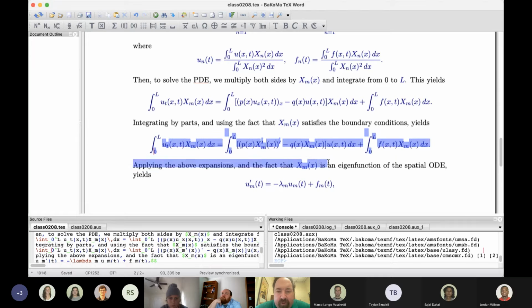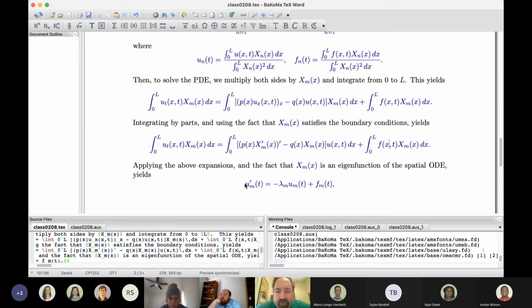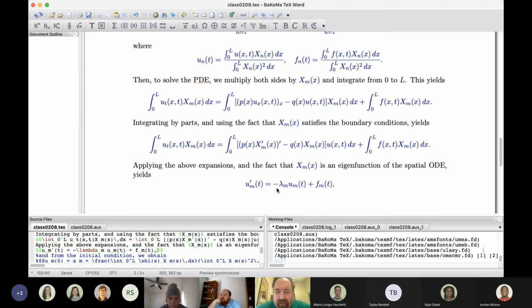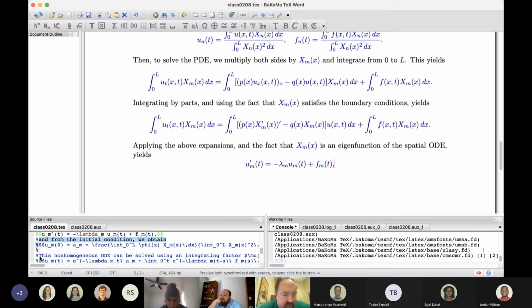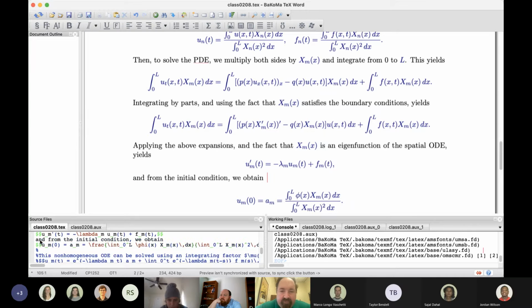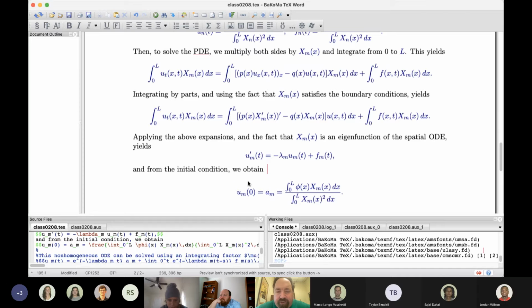So from this equation, I end up with this ODE for each m. And the ODE is non-homogeneous. So from the original non-homogeneous PDE, I get a non-homogeneous ODE in time. So now I can try to solve this. But an ODE requires an initial condition, and I have one from the initial condition of my original problem.